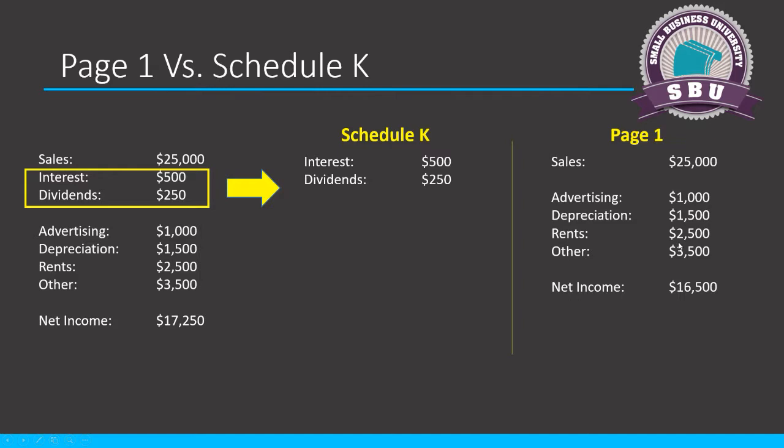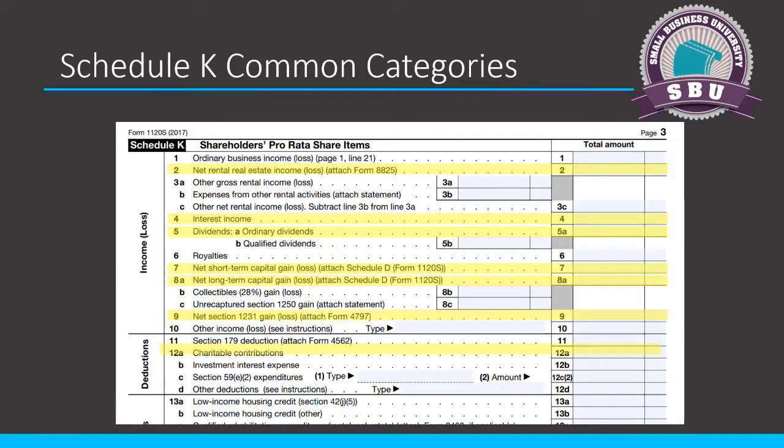Make sense? Okay, let me show you a little bit more about the most common Schedule K items you're going to see, because those are the items we're going to do a really deep dive on for this video. In this next slide is a zoomed in look at the top of the Schedule K, which, as you'll remember, is the third page of the 1120S.